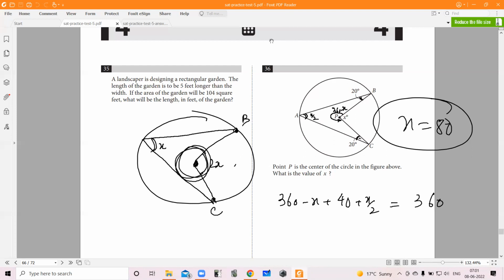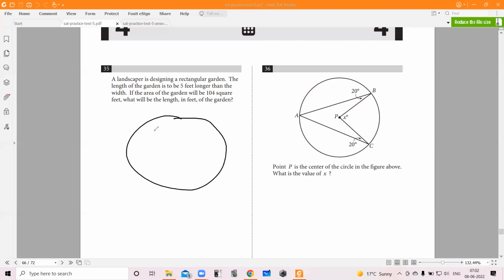Okay, got it. And one more thing: if you're having a circle and there is a triangle inscribed in the circle, and that triangle is having one of the sides as a diameter. The circle is having a triangle, and that triangle is having one of the sides as the diameter.